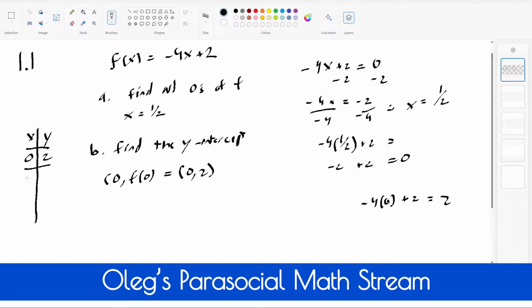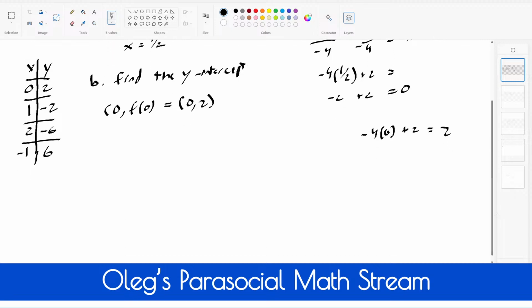If x is equal to 1, y is negative 2. If x is equal to 2, y is negative 6. If x is negative 1, y is 6. That's enough points for us to graph it.